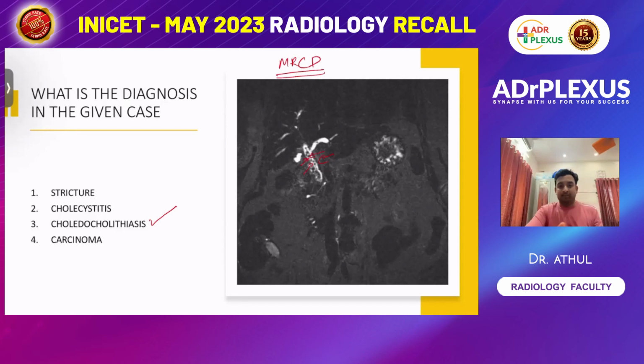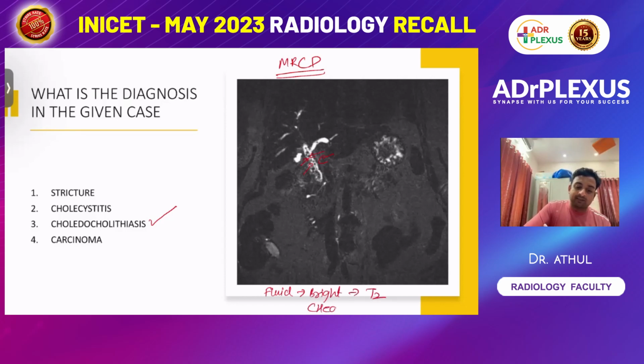We all know what MRCP is. MRCP stands for magnetic resonance cholangiopancreatography. We are seeing the fluid filled structures as bright structures. In our revision classes as well as in our daily classes, what we have learned is that fluid will be bright in T2 weighted images. So this is a heavily T2 weighted image.